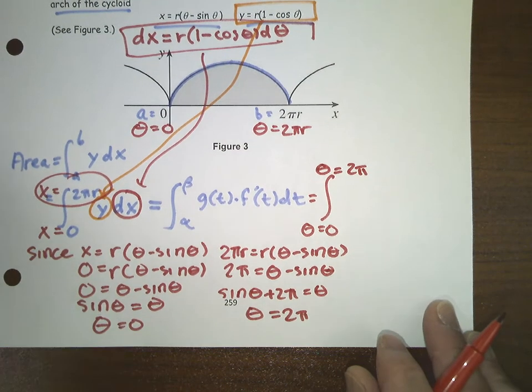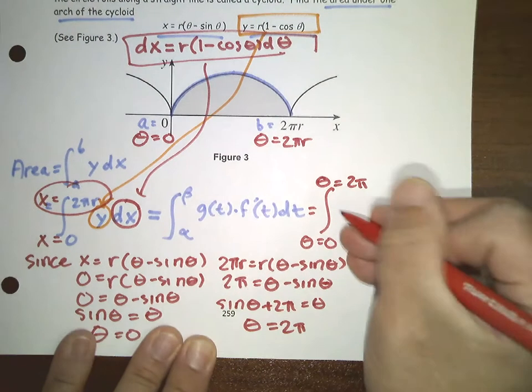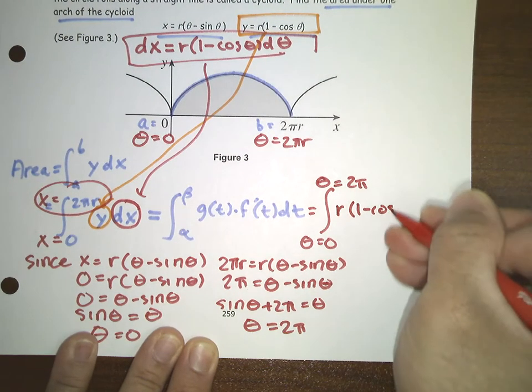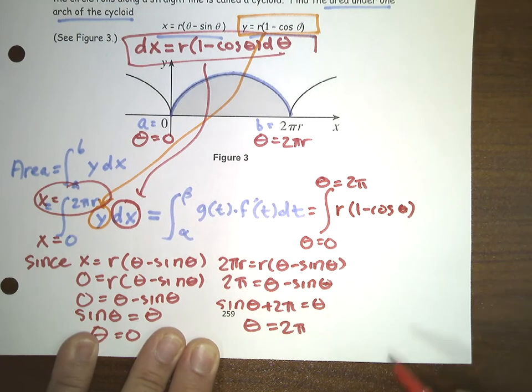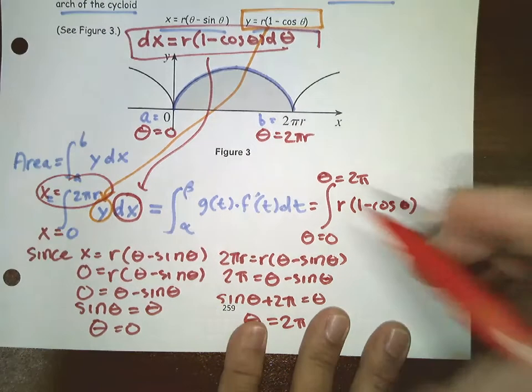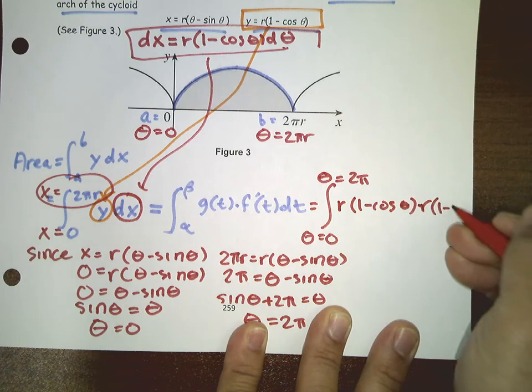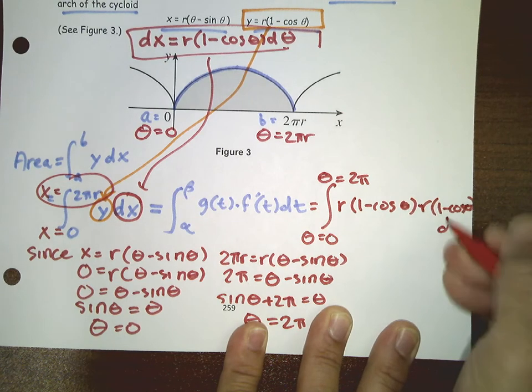All right, so now the g of t was the y here. So we have r times 1 minus cosine of theta. And then we had that the dx was r times 1 minus cosine of theta d theta.